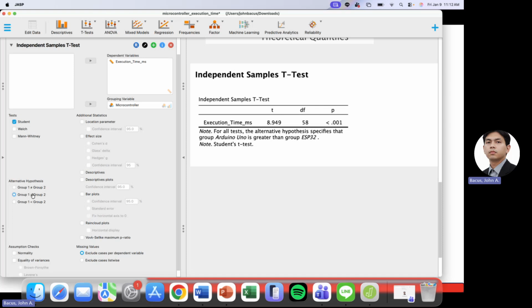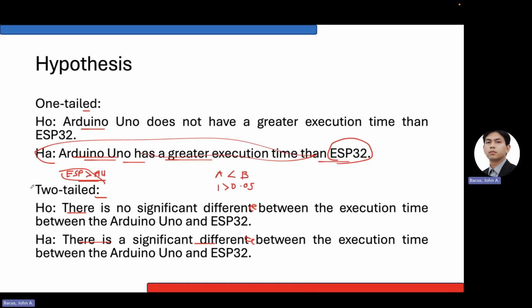So this is very important, kanisya. Okay, pag naman non-directional, so non-directional siya, since p-value is 0.001, then there is really a significant difference. We reject null hypothesis, we accept this. There is a significant difference between the execution time and between Arduino Uno and ESP32.